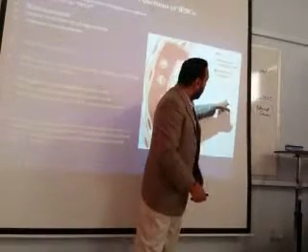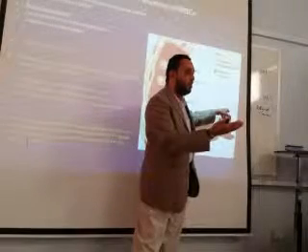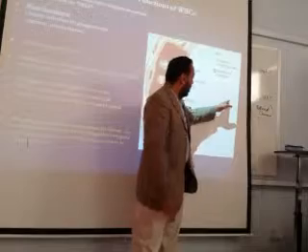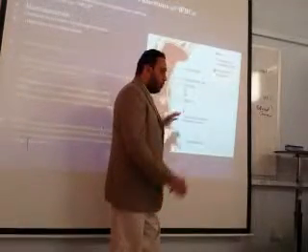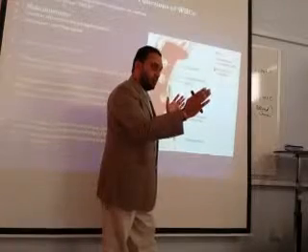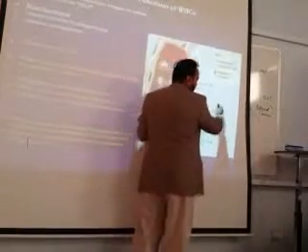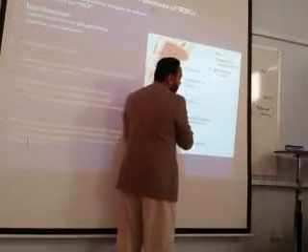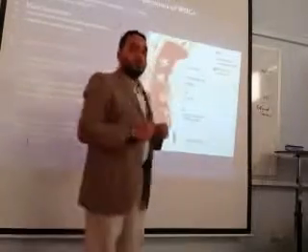Here the concentration of chemotactic factors will be maximum at the point of inflammation, and here it will be minimum. So there is a gradient. Chemotaxis will occur from the point of low concentration to high concentration.